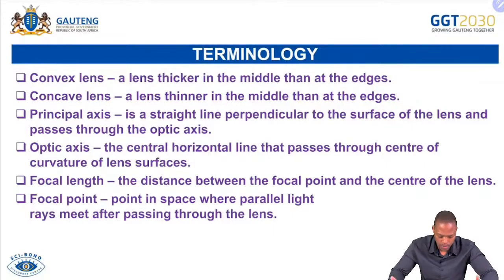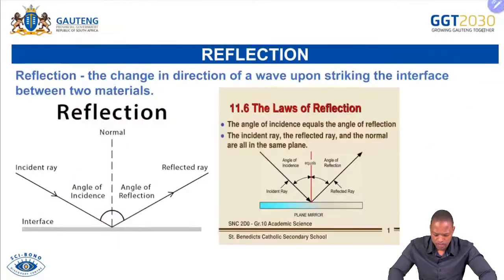And then we have the optic axis, the central line that passes through the center of curvature of the lens surface, and the focal length, the distance between the focal point and the center of the lens, and then the focal point, which would be the point in space where parallel light rays meet after passing through the lens. That will be the focal point, where they meet or even where they appear to have been coming from. We'll be discussing all of that in detail when we look at those lenses.